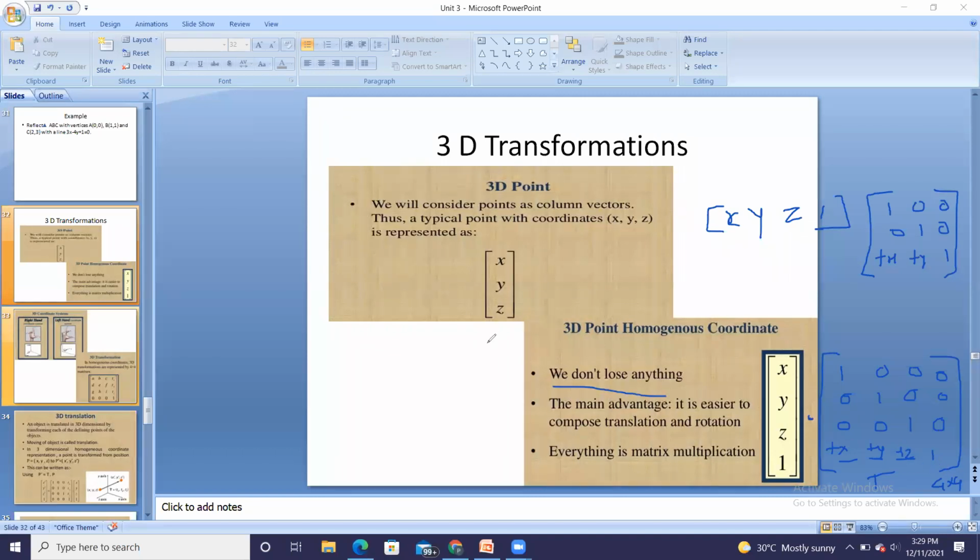Are all of you following up to this? So in 3D transformation, a 3D point is represented like this, and in the homogeneous coordinate system, it is represented like this. And we are going to learn the operations one by one now.